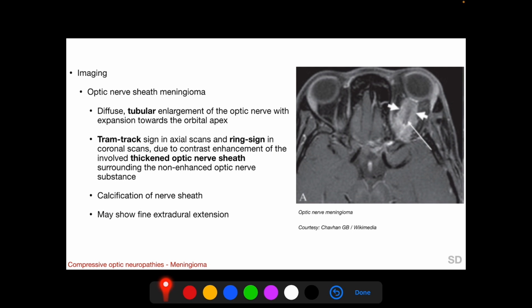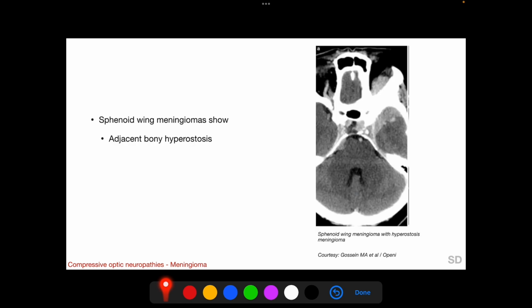These are due to contrast enhancement of the involved and thickened optic nerve sheath surrounding the non-enhancing optic nerve substance. Optic nerve sheath meningiomas also show calcification of the nerve sheath, and it may also show fine extradural extensions. Sphenoid wing meningiomas show adjacent bony hyperostosis. This image shows a sphenoid wing meningioma arising from the sphenoid wing with bony hyperostosis of the sphenoid wing.